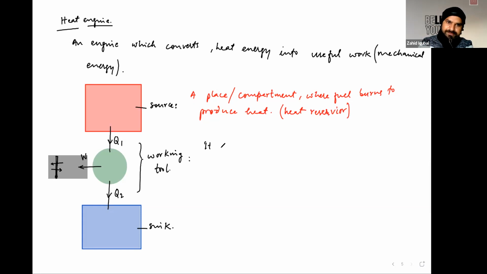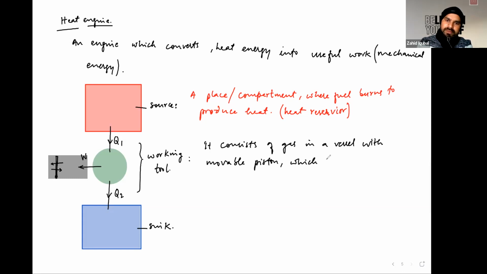So it consists of gas in a vessel with movable piston which moves to and fro on absorption or ejection of heat.